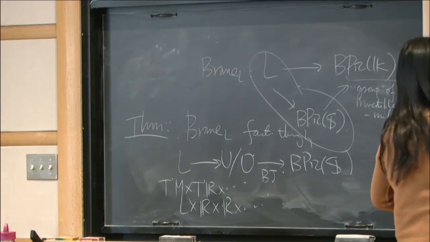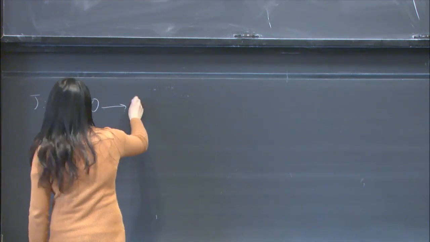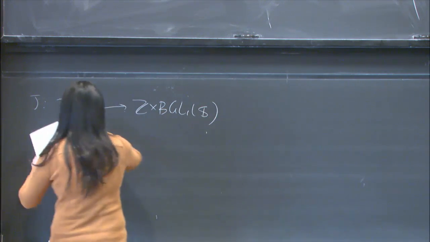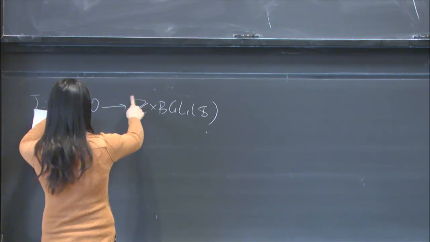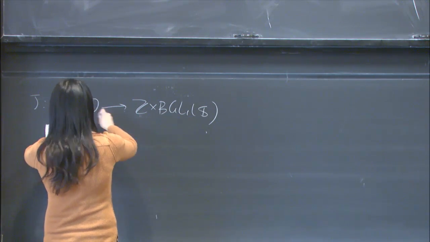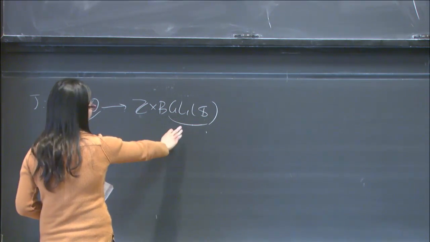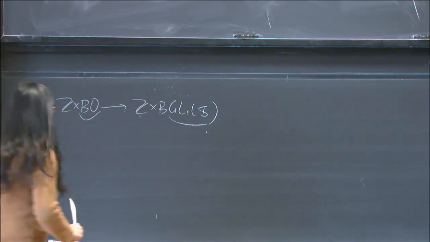So the J homomorphism is from Z cross BO to Z cross BGL1S. The Z component is the virtual dimension, so it's the identity on Z, and then BO to BGL1S takes a stable vector bundle to a stable sphere bundle by the Thom construction.